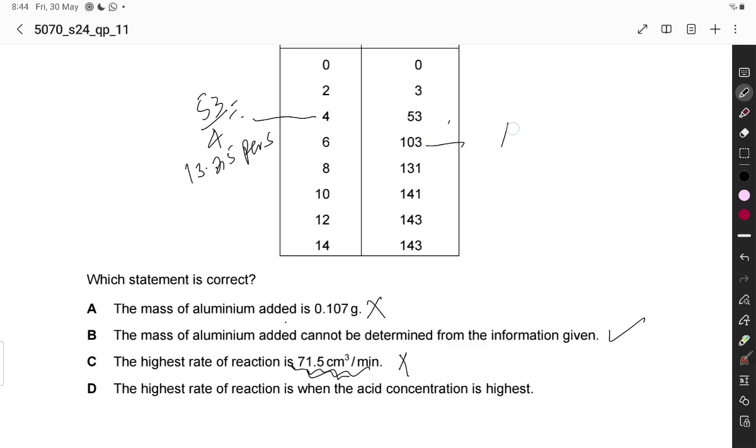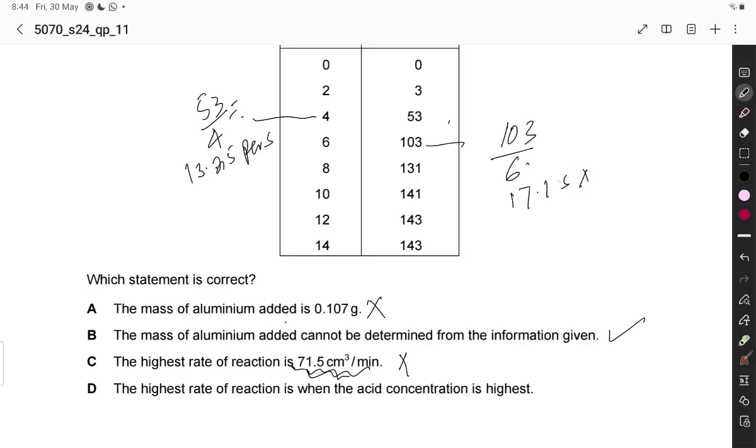And if we check 106 divided by 6, 103 divided by 6, this rate is 17.1 per second.